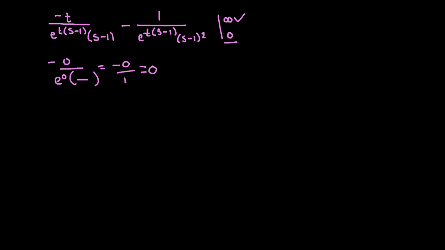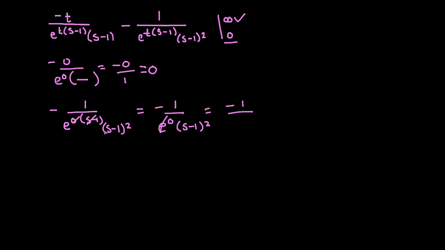Plugging in 0 for the right-hand side, you get negative 1 over e to the 0 times s minus 1 squared, which is just 1, and that will simplify to negative 1 over s minus 1 squared.